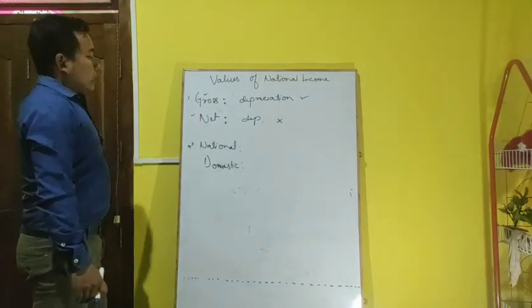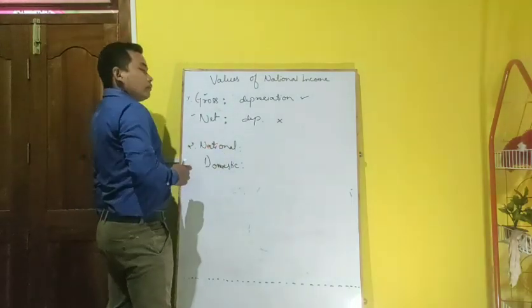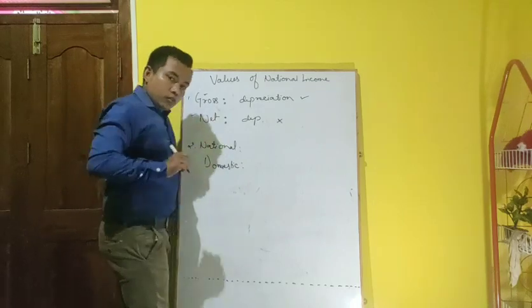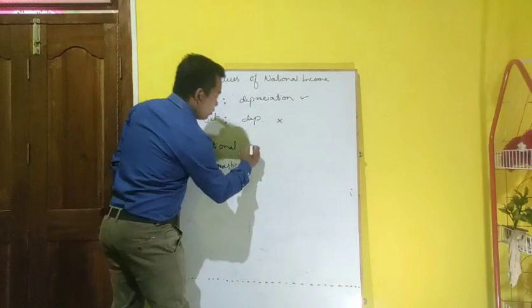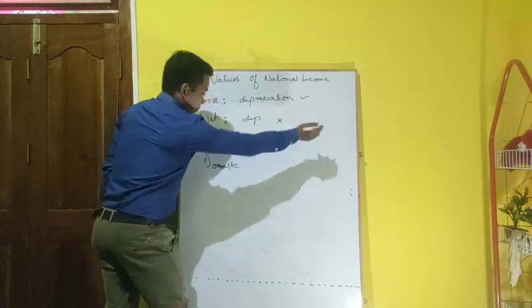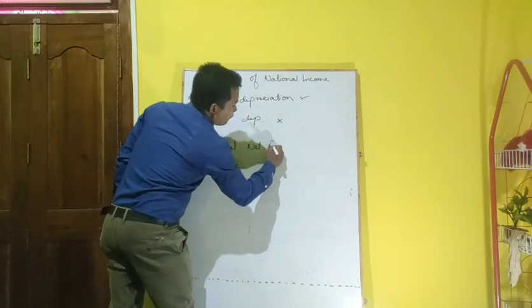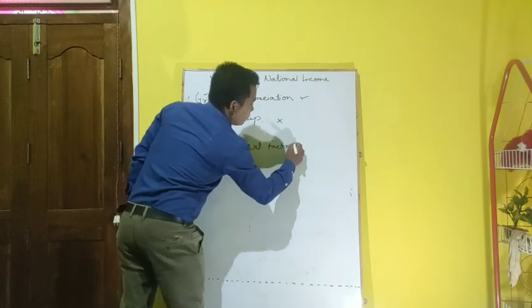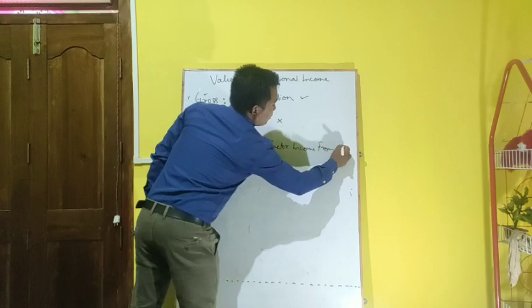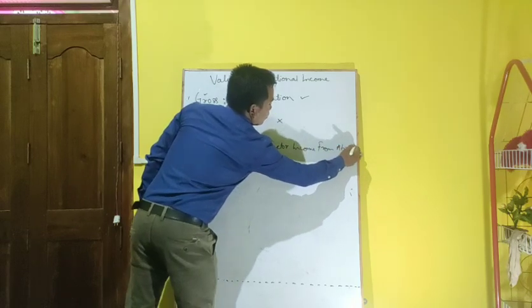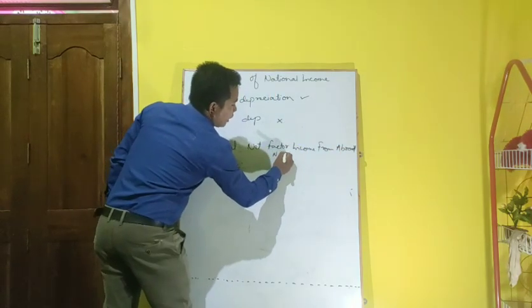When we talk about the national value of national income, we are referring to the calculation of national income by including one thing called net factor income from abroad. In short, it is known as NFIFA.